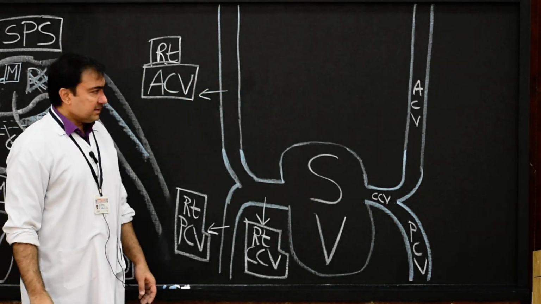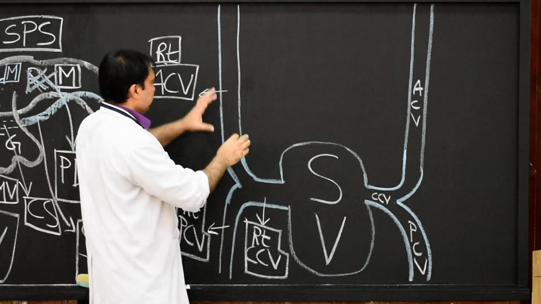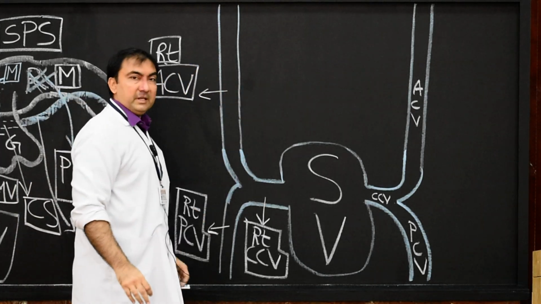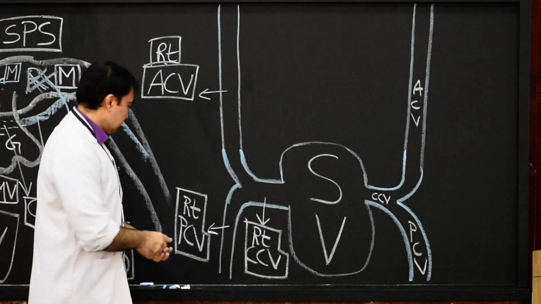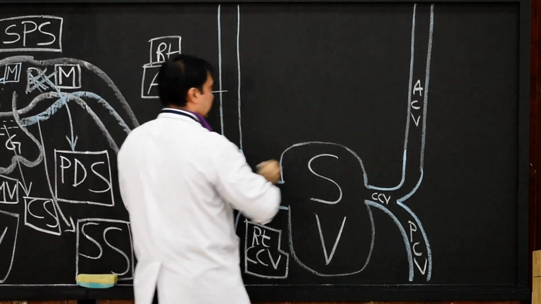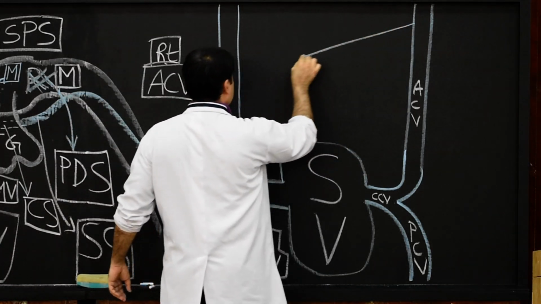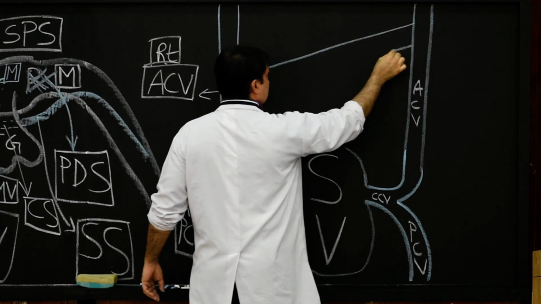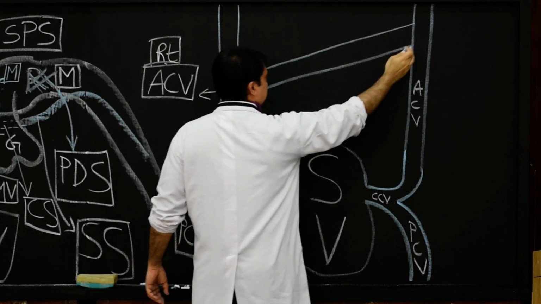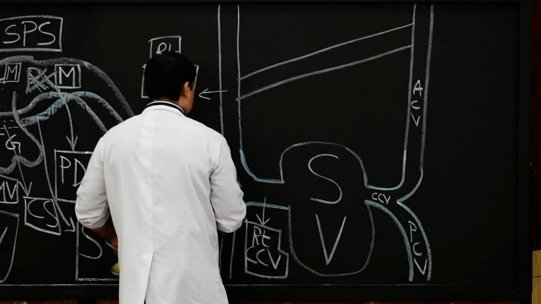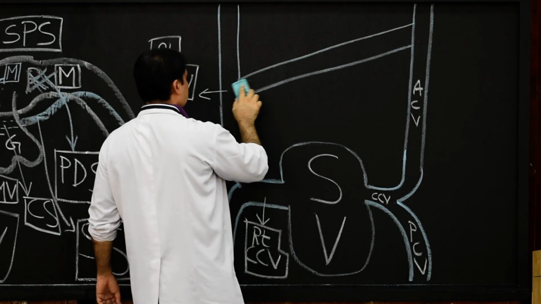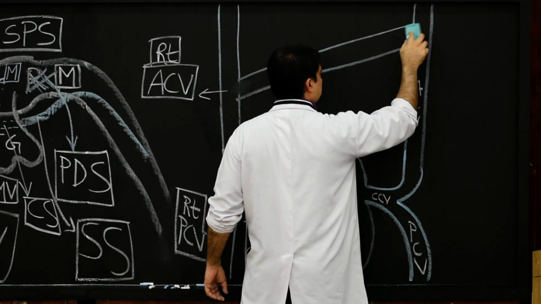Very interesting changes. Now here, there will be oblique connection from the left to the right. So the oblique connection will come from the left to the right side between the two anterior cardinal veins.